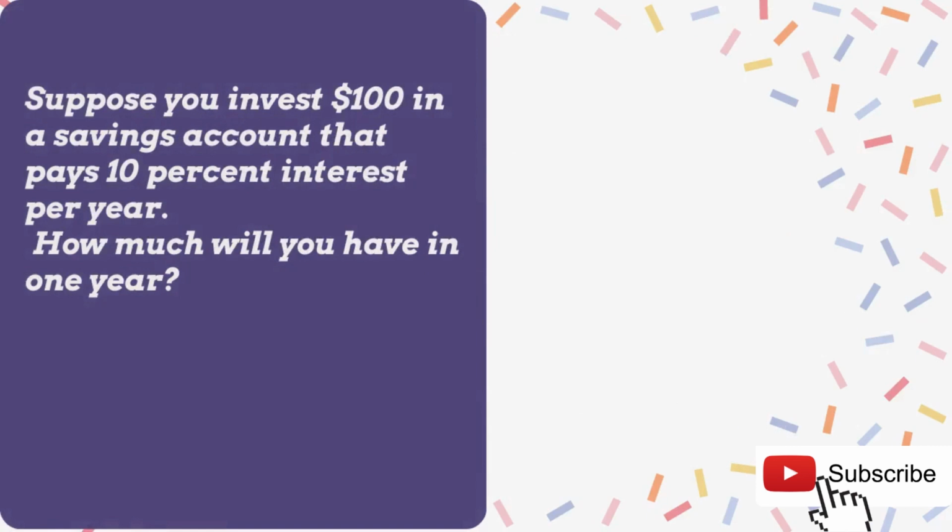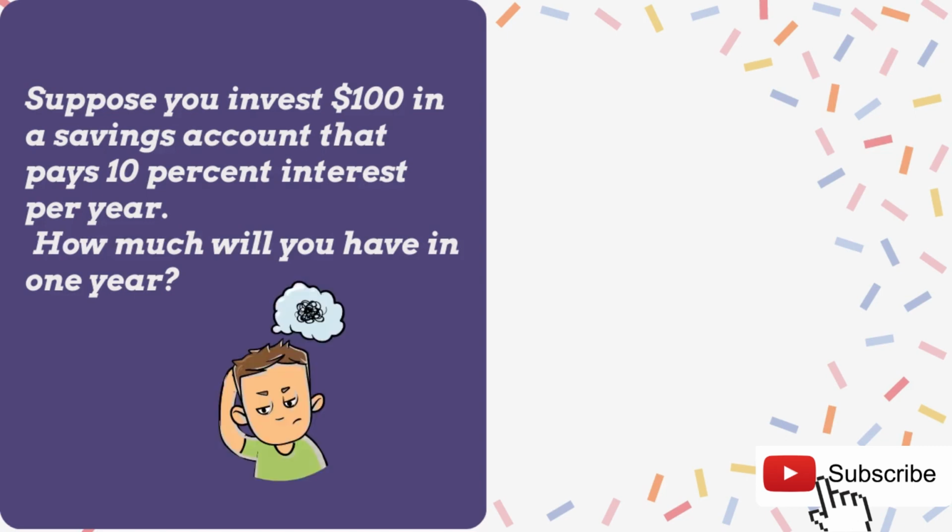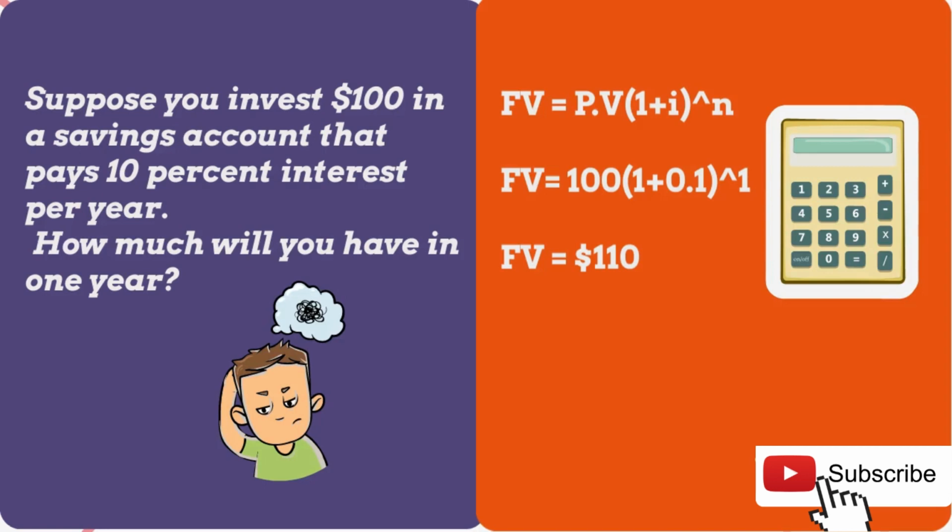Let's take an example. Suppose you invest $100 in a savings account that pays 10% interest per year. How much will you have in 1 year? You will have $110. This $110 is equal to your original principal of $100 plus $10 in interest that you earn.